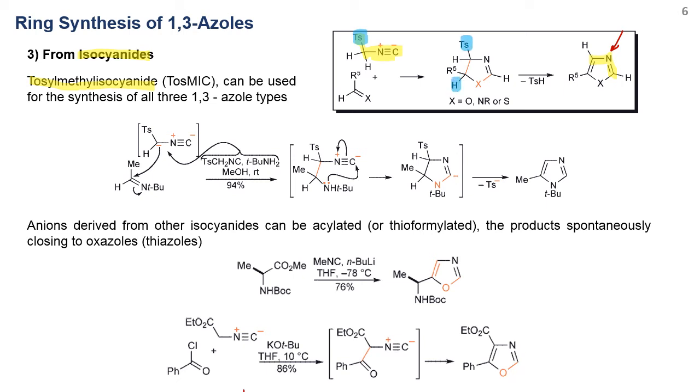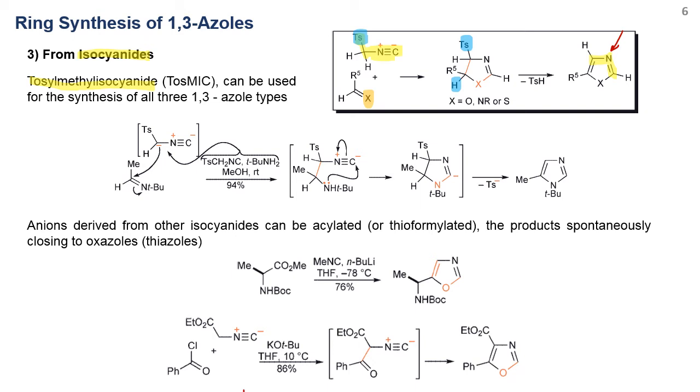In order to form the 5-membered ring, you need another 2 atom unit, and this unit needs to contain the heteroatom of your choice, either oxygen, nitrogen, or sulfur. If it's oxygen, then it can be an aldehyde or ketone. For nitrogen, it can be an imine, and sulfur can be a thioketone or something like that.